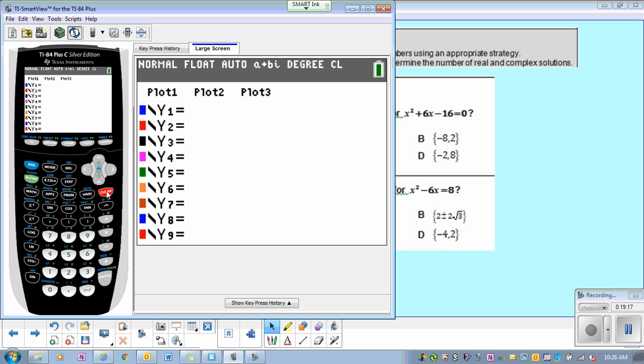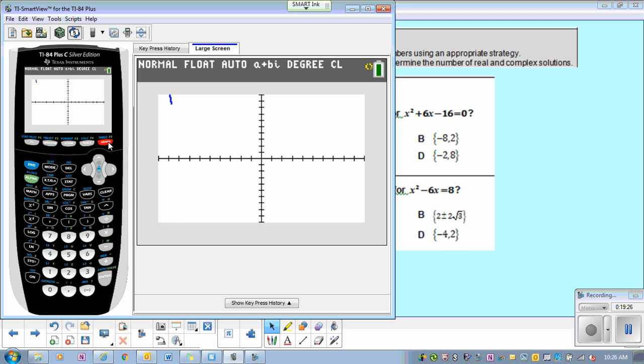So I'm going to put in x squared plus 6x minus 16. And if I graph it, it's like this. Where are my x-intercepts? At 2. At 2 and? -8. Looks like -8. Okay, let's double check.